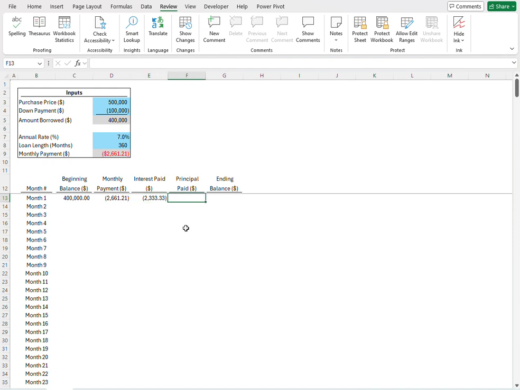For this principal paid column, we just need to back into it. Essentially, we're going to take this $2,661 of monthly payment minus the interest that's paid. And so in this month 1, there's $327.88 going towards the balance of the loan.